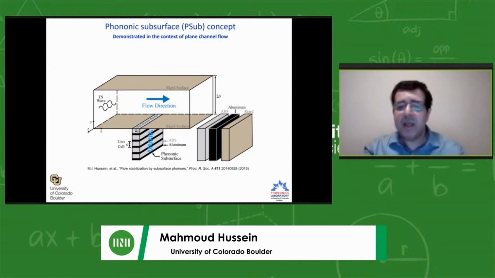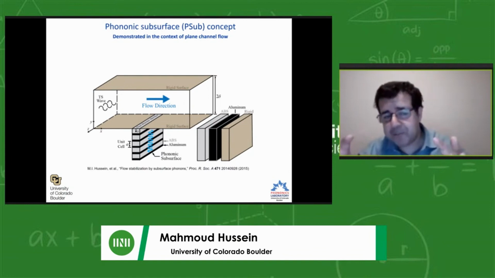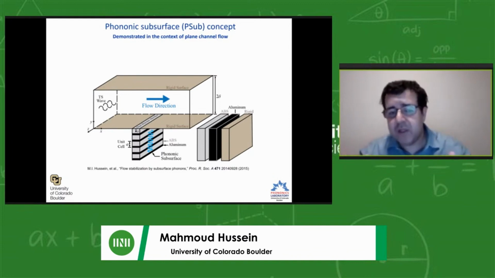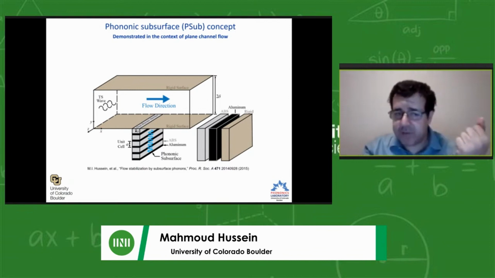phononic material. And then the underlying premise is that we should, in principle, be able to design the phononic structure in a manner such that when that elastic wave reflects and transmits back into the flow, it gets manipulated. So it comes back at a different phase in the manner that we desire.